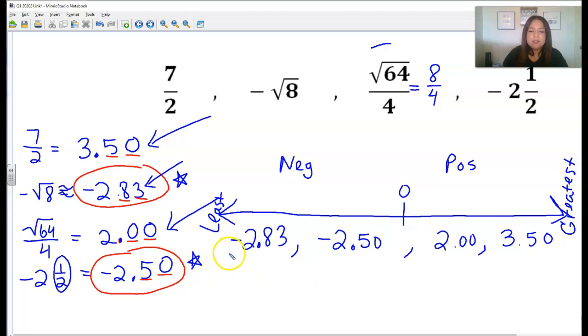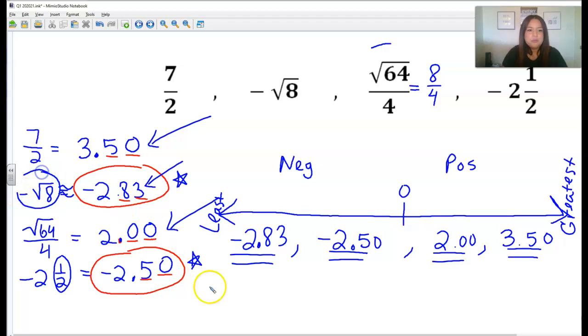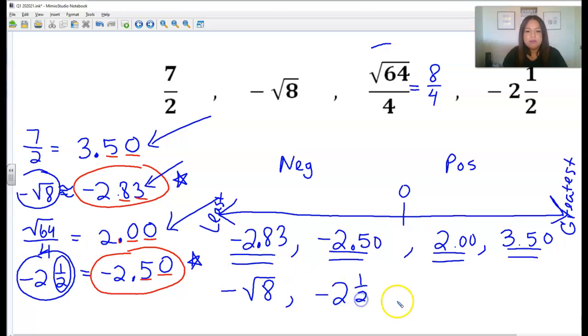So I'm pretty much done, but wait a minute, I need to put these numbers back into the original form that they were given to me. So let me go back to negative 2.83, and here it is. That was the negative square root of 8, comma, and the negative 2.50, here it is. So that one was written negative 2 1/2.